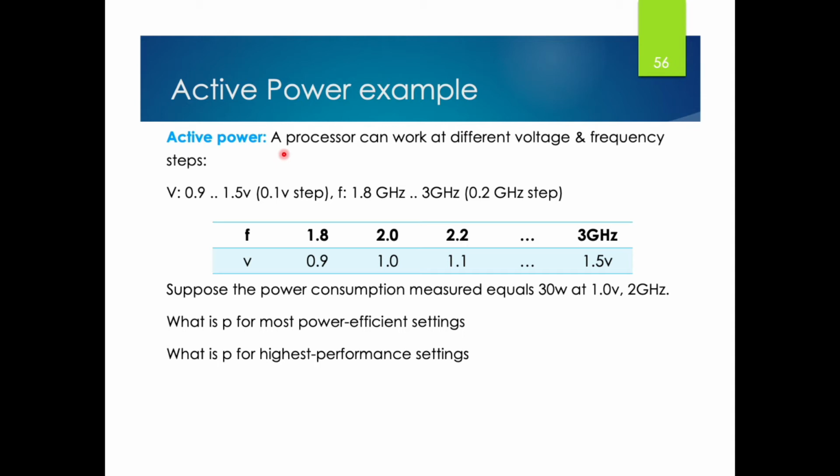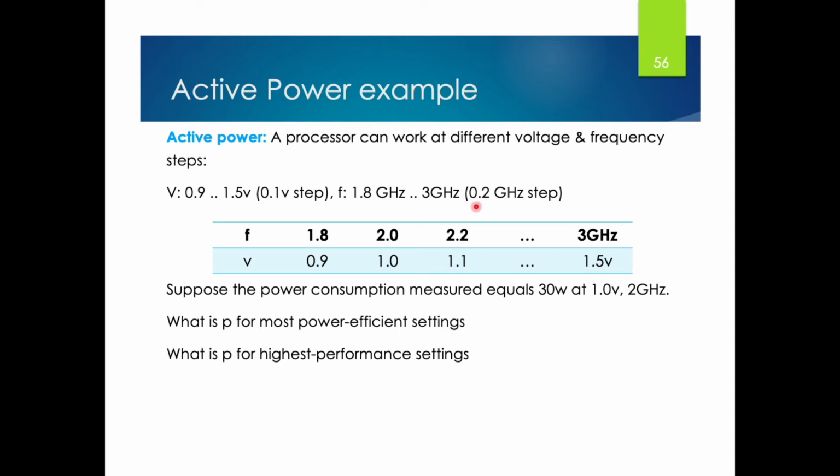These processors can work at different voltage and frequency steps. Here, the working voltage can range from 0.9 to 1.5, and the increasing step is 0.1 volt. Likewise, for the frequency, this processor can operate at the lowest level of 1.8 GHz and the highest frequency is 3 GHz, with an increment step of 0.2 GHz.